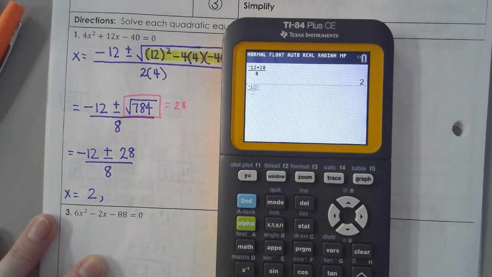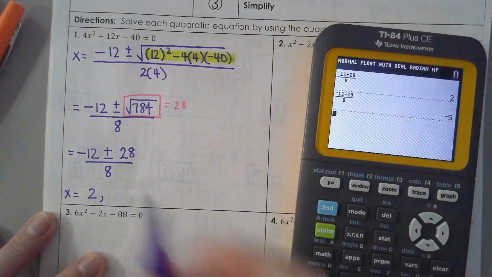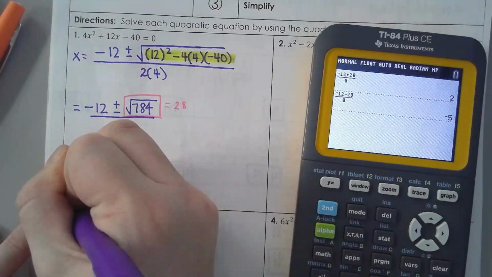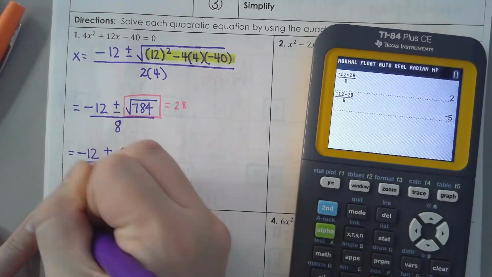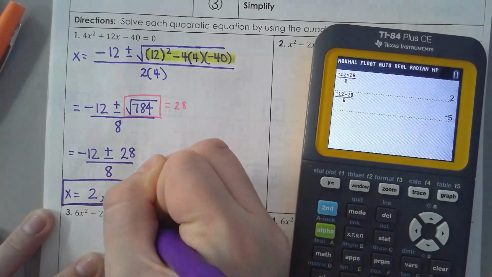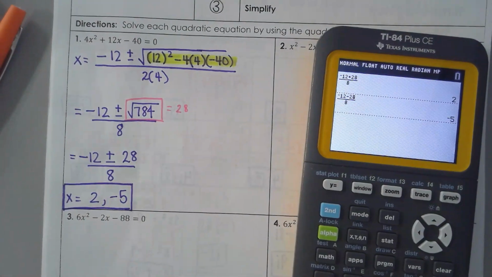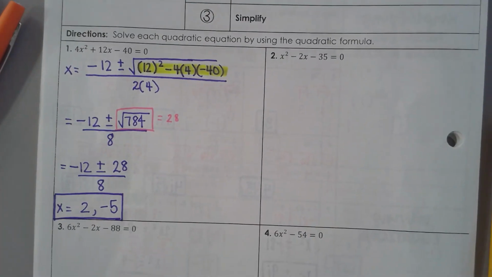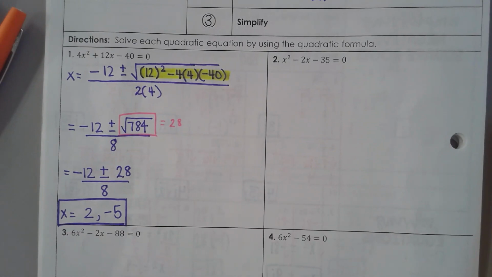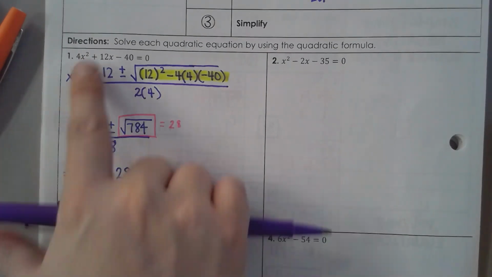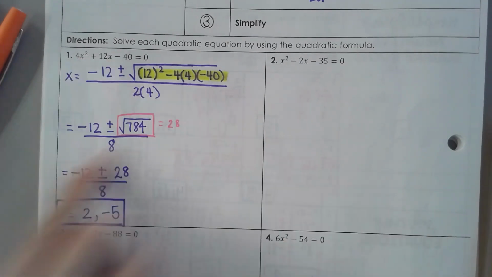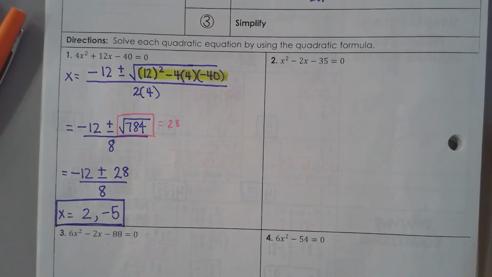And negative 12 minus 28 over 8 gives me negative 5. So this has x-intercepts at 2 and negative 5. I technically could have factored using this. It may have been faster, but the quadratic formula also works.